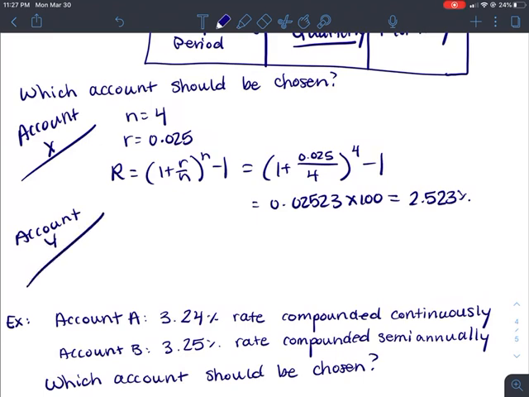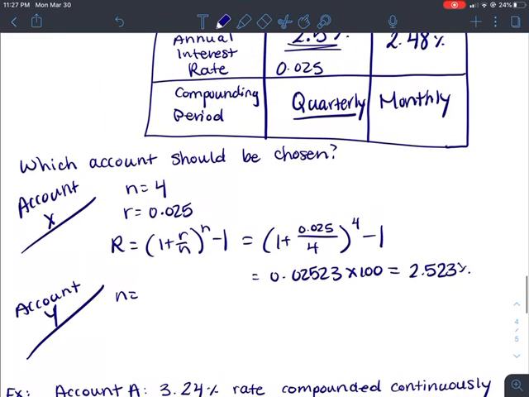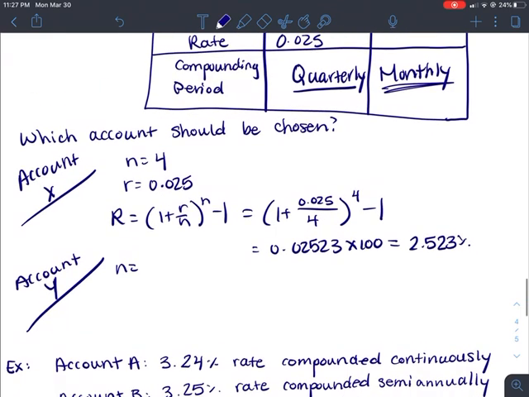Okay, for account Y, okay, looks a little bit too much like X. I'm going to do the same thing. So my n equals 12 because this is monthly. Okay, so n equals 12. All right. r equals 0.0248. So I'm going to plug in.